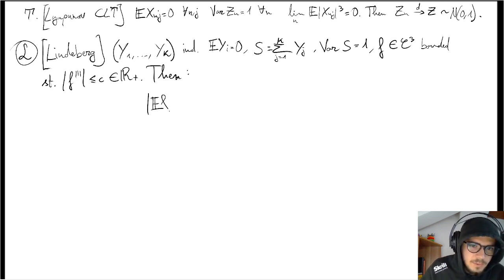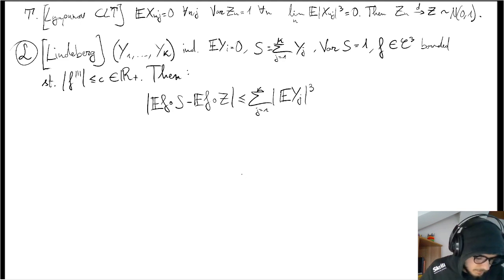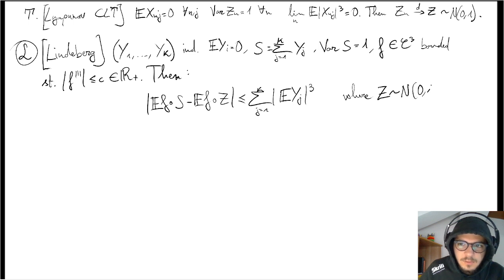The difference between the expectation of f applied to S and the expectation of f applied to Z is bounded by the sum of the expectations of Y_j to the third power, where Z is a normal 0, 1.